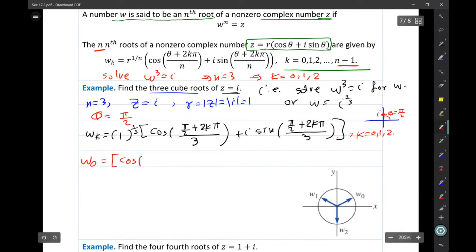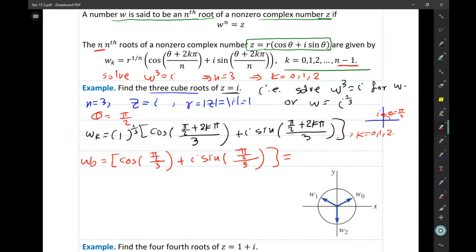So that becomes cosine of (pi over 2 divided by 3) plus i sine of (pi over 2 divided by 3), which is equal to cosine pi over 6, which becomes square root of 3 by 2, plus i times the sine, which is equal to one half.